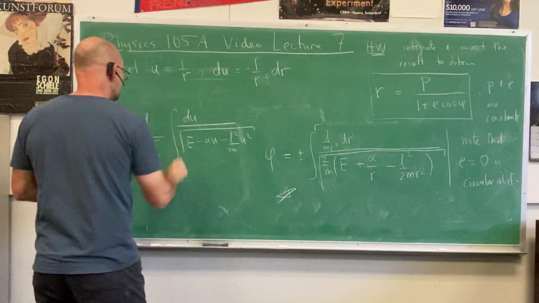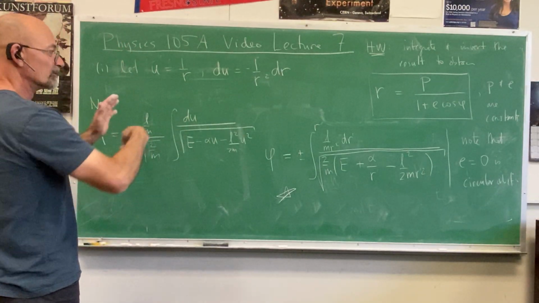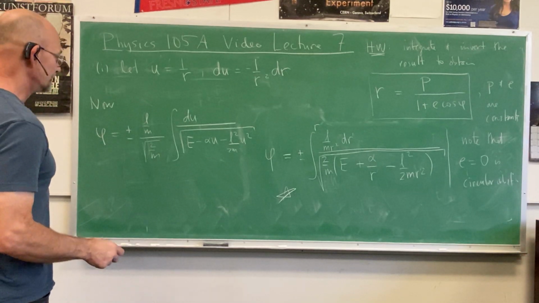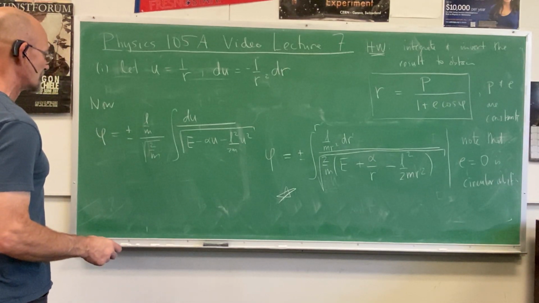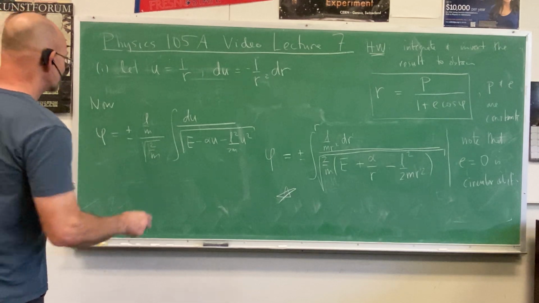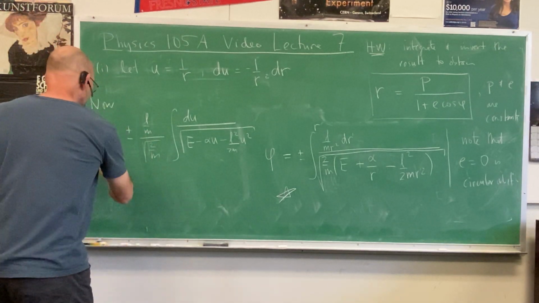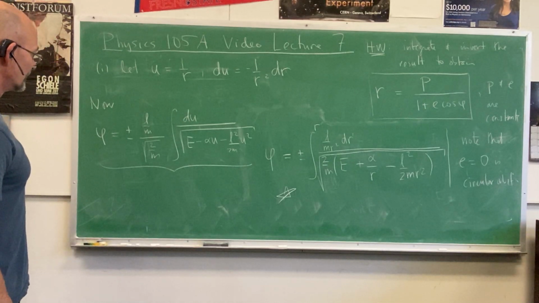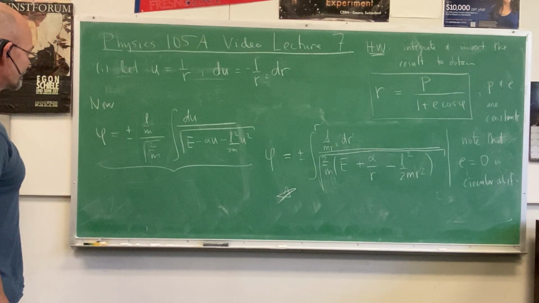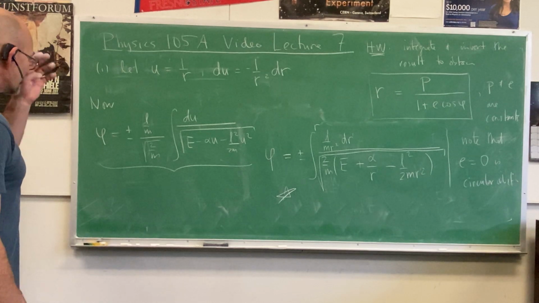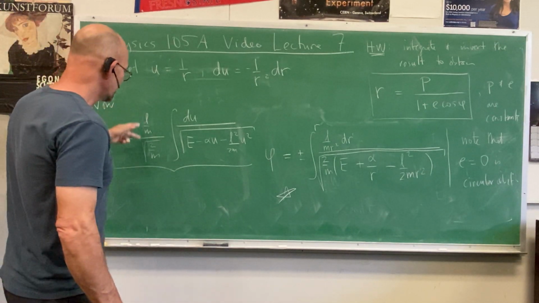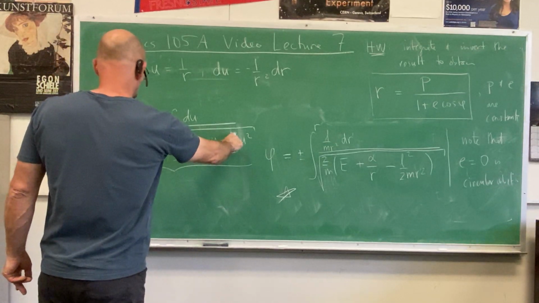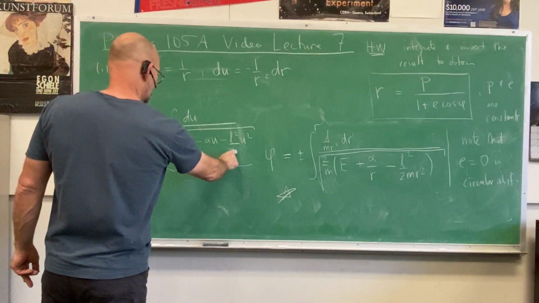And in fact, don't worry about the boundaries now because you're going to reverse all the substitutions. Okay, so there's a couple of things to do here. In fact, if we flip this and take it in there, we can cancel that L squared over 2m.